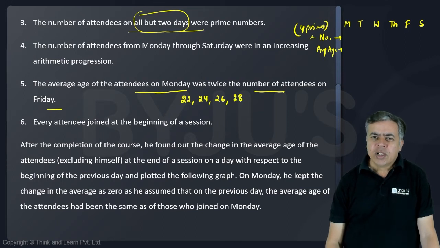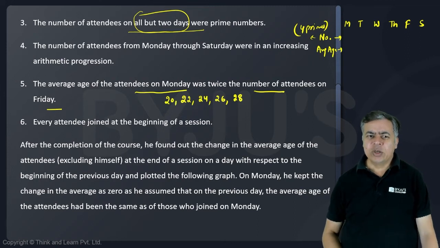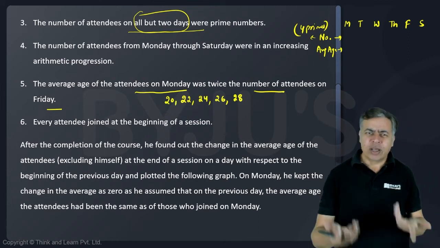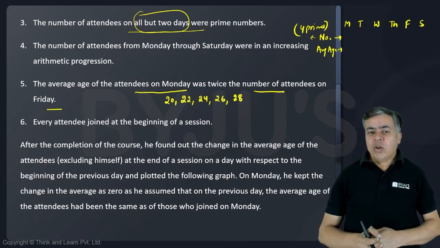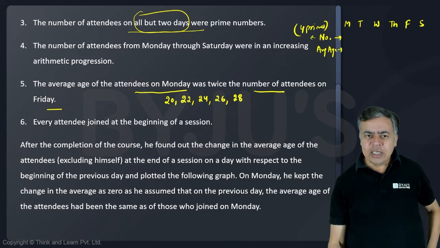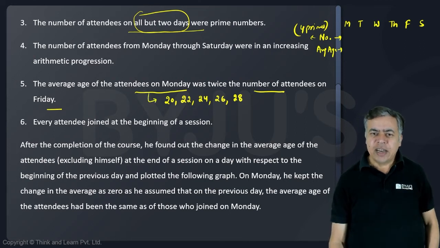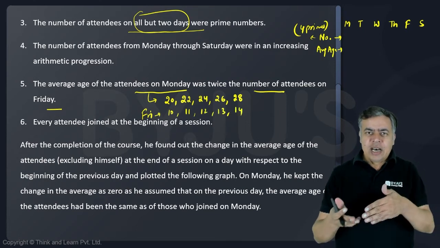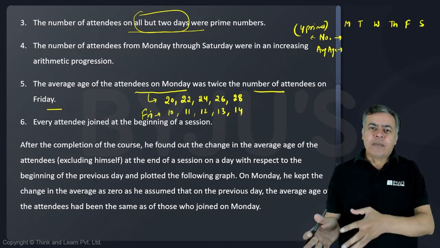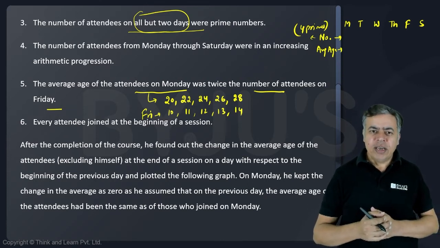You can take 20 also, if somebody says so, but okay. Then on Friday, the number of attendees must be 10, 11, 12, 13 or 14. Why? Because the average age is double of the number of attendees on Friday.